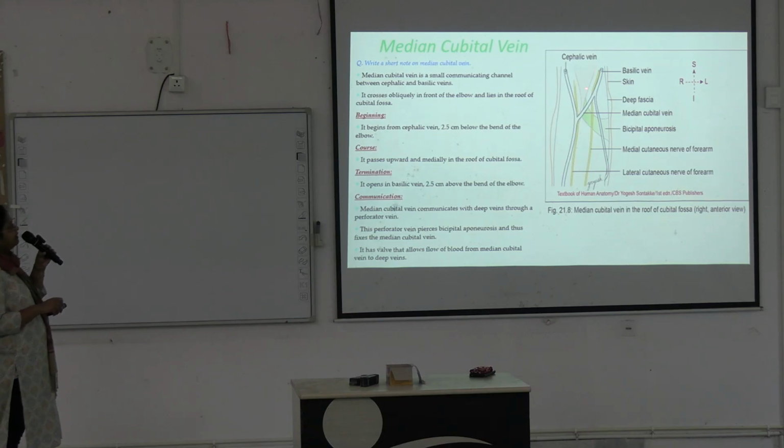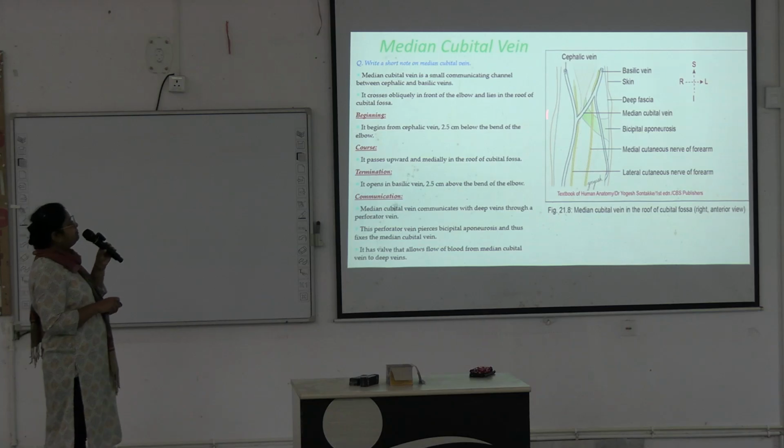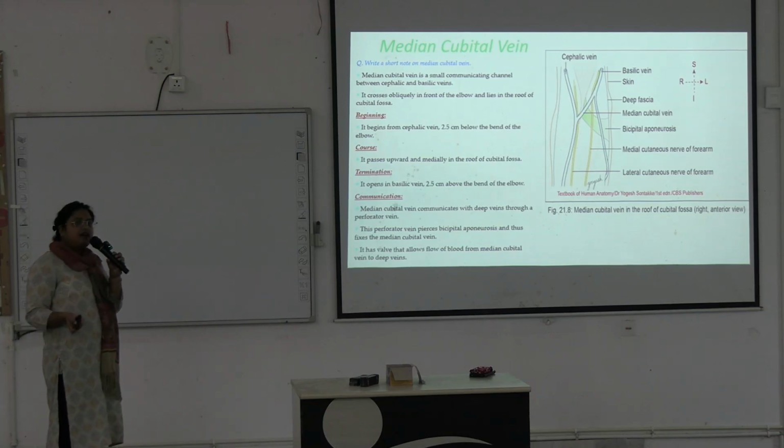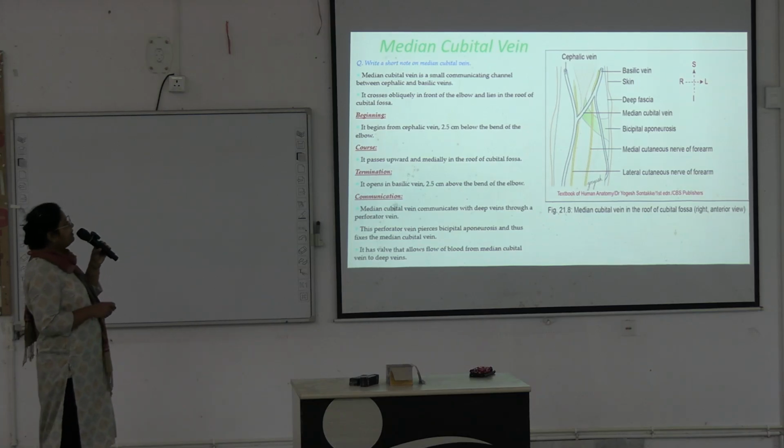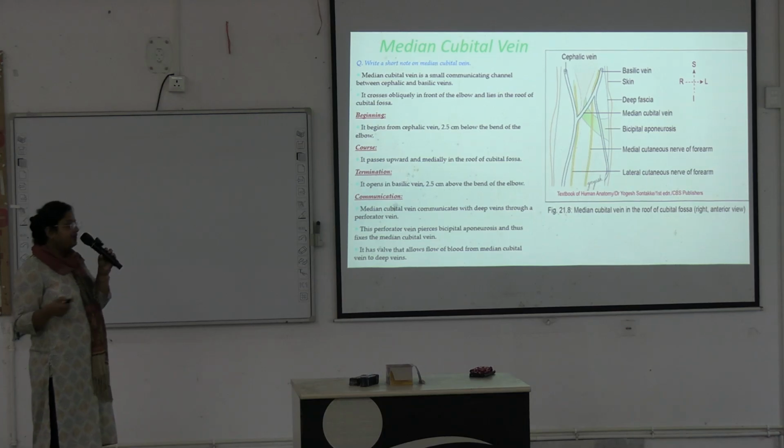From here, one fascial extension extends medially to be attached to the ulna. This fascial extension is the bicipital aponeurosis. Through the biceps tendon, it is inserted over the radial tuberosity, and the bicipital aponeurosis is attached to the ulna. That's how the biceps muscle is connected to both of the bones of the forearm.